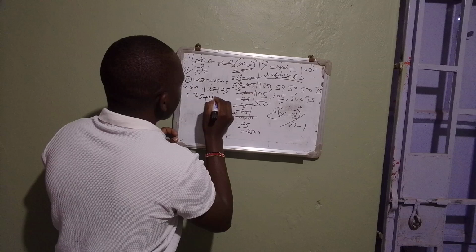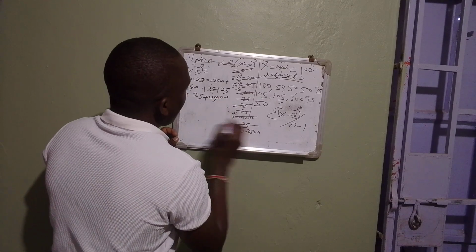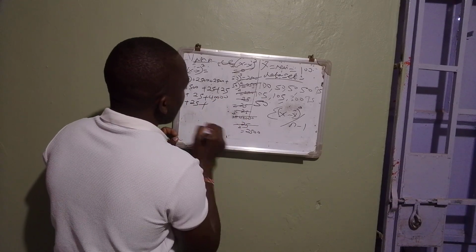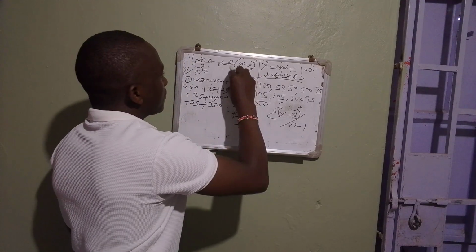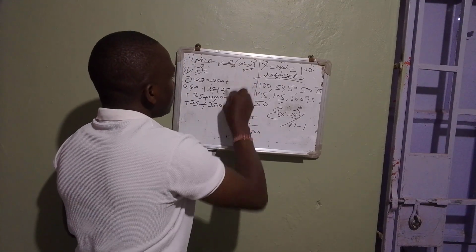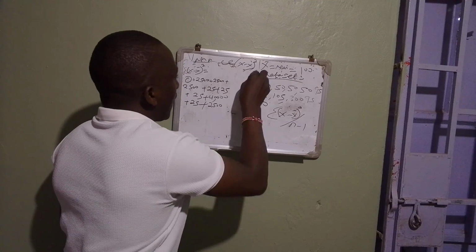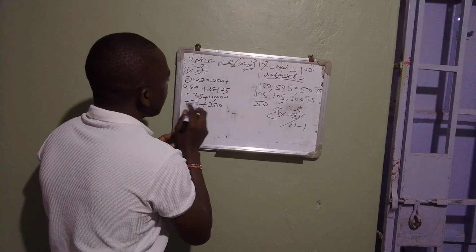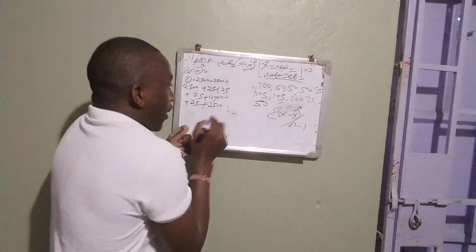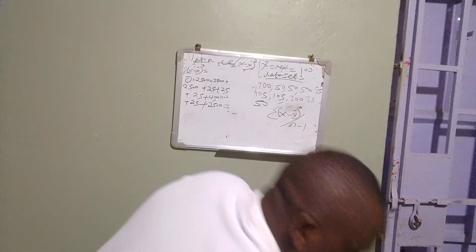Plus 40,000 plus 25 plus 2500. Our total value should be 10. That is 1, 2, 3, 4, 5, 6, 7, 8, 9, 10. We are correct. When you add these ones, let me use my calculator.